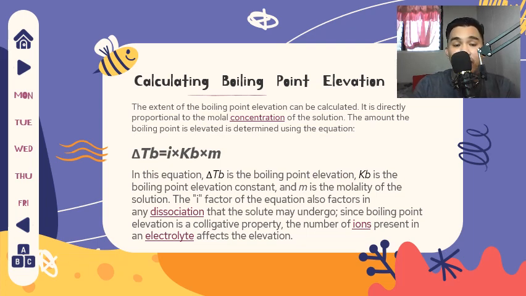In this equation, the change in T sub B is the boiling point elevation, K sub B is the boiling point elevation constant, and m is the molality of the solution. The i factor of the equation also factors in any dissociation that the solute may undergo. Since boiling point elevation is a colligative property, the number of ions present in an electrolyte affects the elevation.